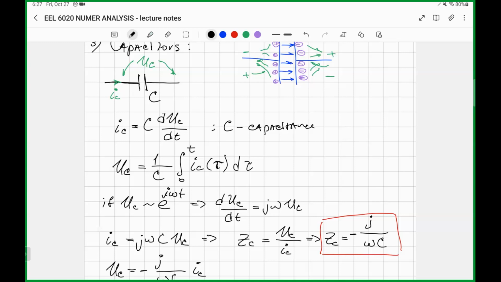And also we have active elements. Active means the element with negative resistance. So negative resistance works as a generator of energy. Instead of absorbing energy because of the Joule's law, it generates energy because of this minus, right?